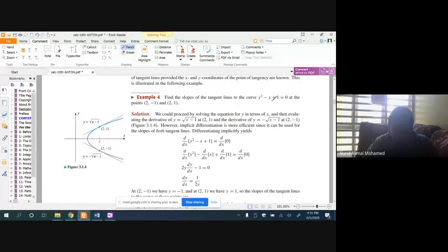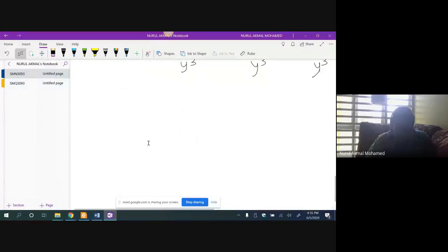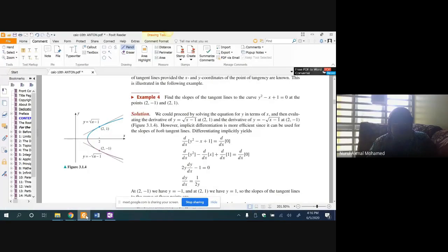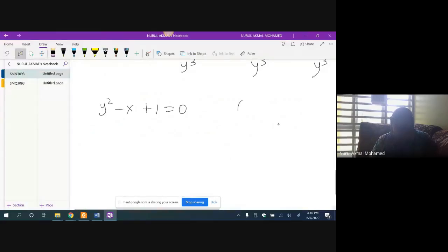We have y squared minus x plus 1 equal to 0, at points 2, -1 and 2, 1.